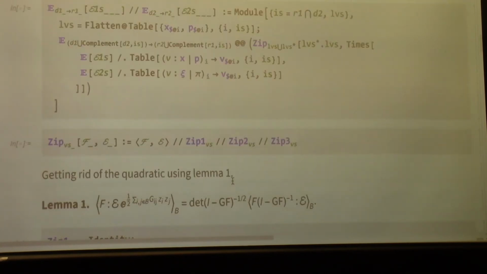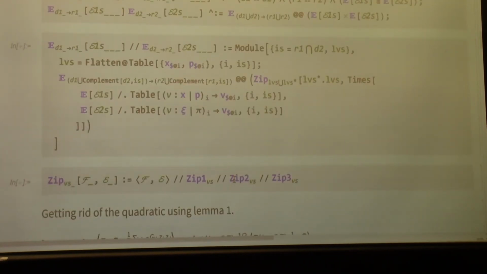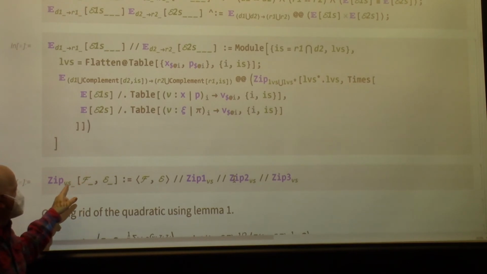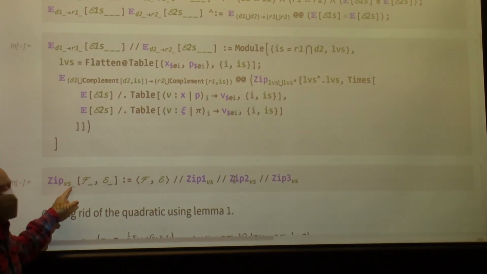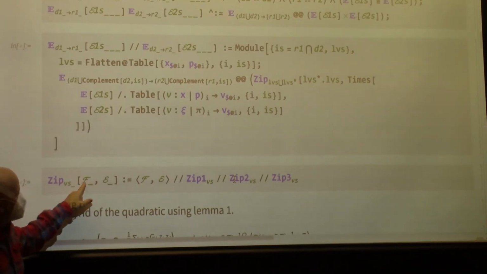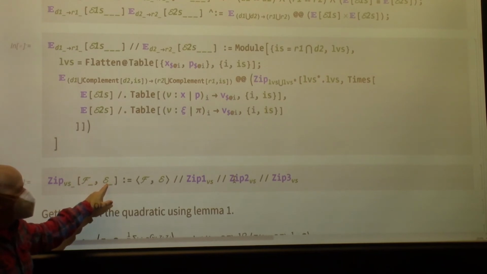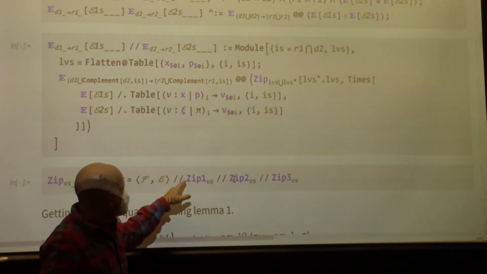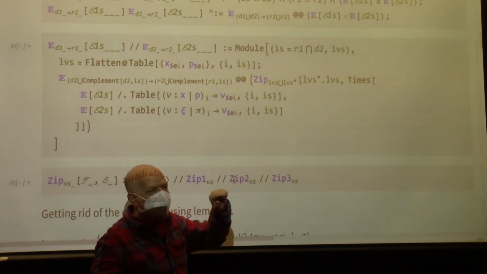So the main routine is called zip, and you zip relative to some list of variables, v's, a quadratic form f, so the matrix f, against an expression e, and the way you do it is in 3 steps: zip 1, zip 2, and zip 3.